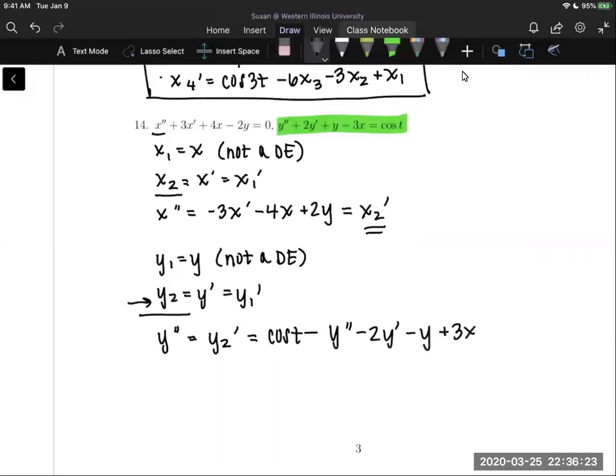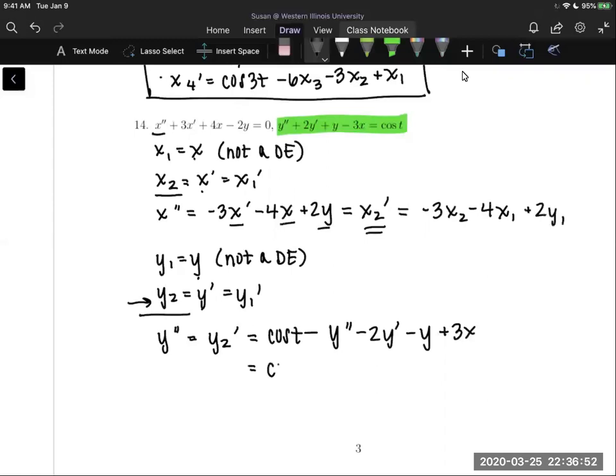All right, so now that we have defined x, x prime, y, and y prime, go back up to those two last equations and replace all of these guys with what they should have. So instead of an x prime, let's write that as x2. Instead of an x, we'll write it as x1. And instead of a y, that becomes y1. And then same right here.